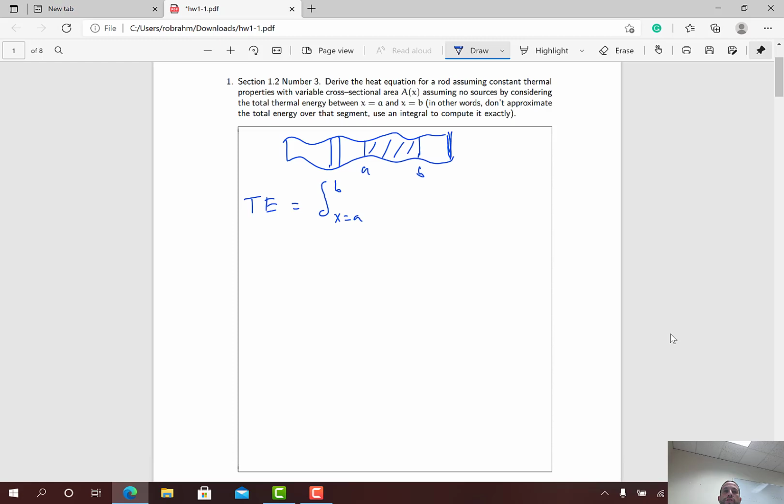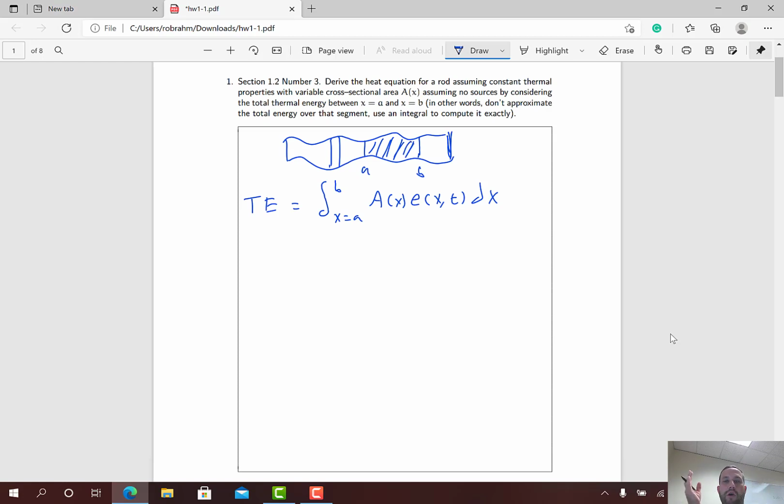And we're also assuming that the rod is insulated laterally so that heat isn't flowing up or down. So the heat energy content in the face of the rod is going to be constant. So this is going to be the integral of A of x times the energy concentration E of x,t dx. This is the total thermal energy in that part right there.